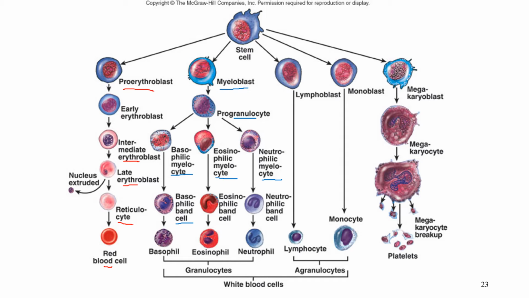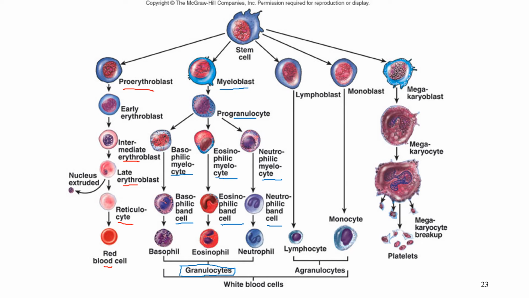And for eosinophilic myelocyte, it will become an eosinophilic band cell until it becomes an eosinophil. And then for neutrophilic myelocyte, it will become a neutrophilic band cell and then a neutrophil. So, yan yung pathway on how your granulocytes are developed.